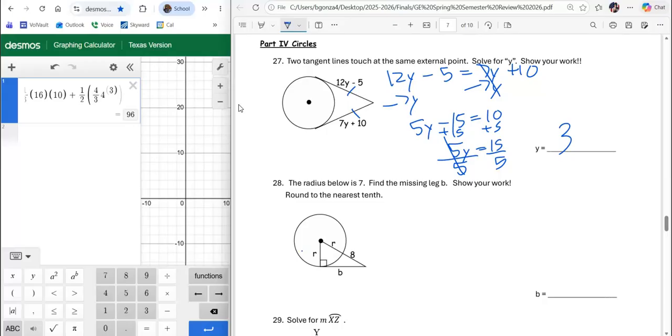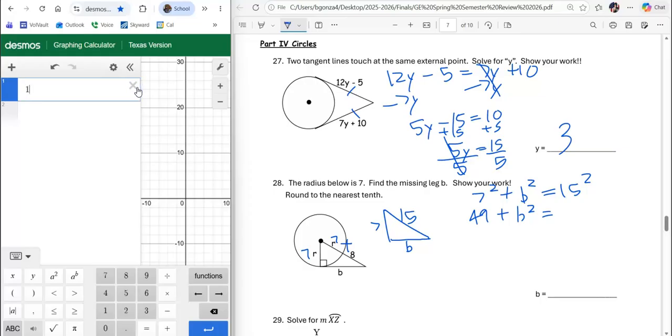The radius is 7. If I were to redraw this right triangle, B is missing, 7 is here, and then 7 plus 8, this is 15. 7 squared plus B squared equals 15 squared. 49 plus B squared equals 225.